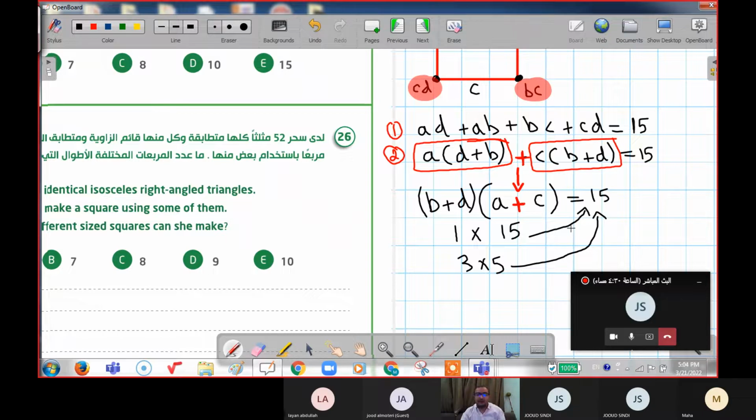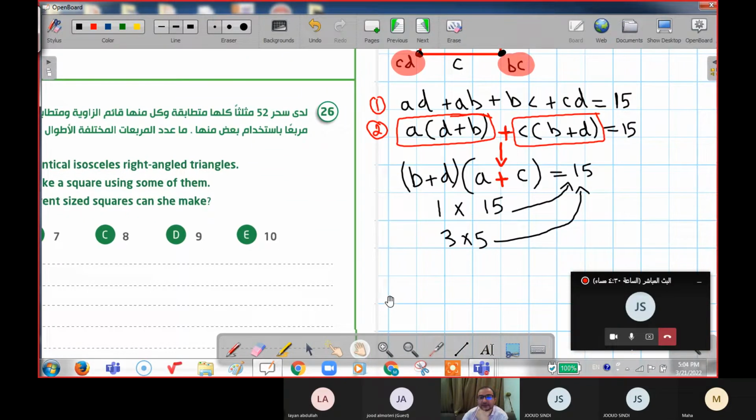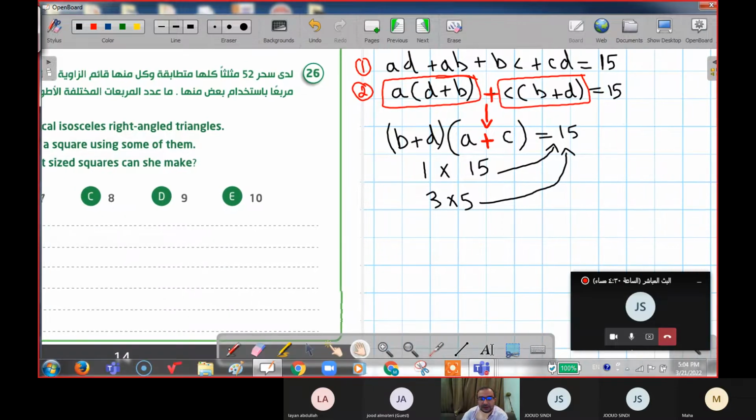Of course, I want to choose only one of them. If we took the first one, for example, B plus D equals 1, it will be impossible because B and D are both positive, and 1 can only be made from 0 plus 1.